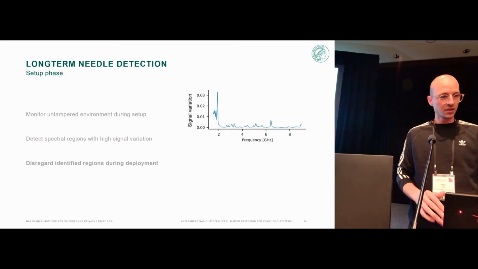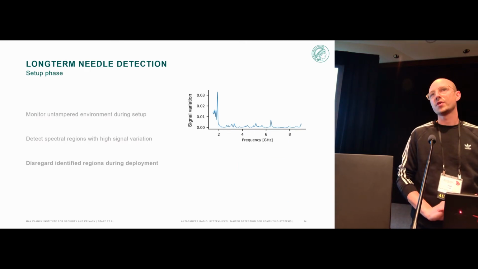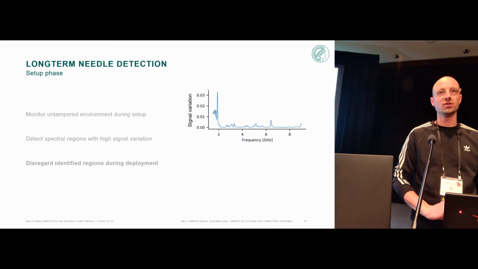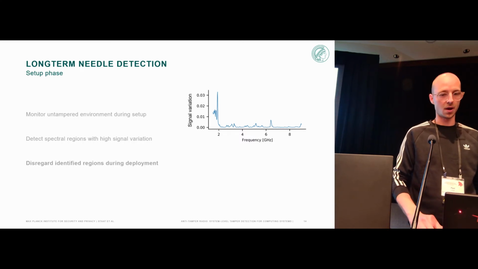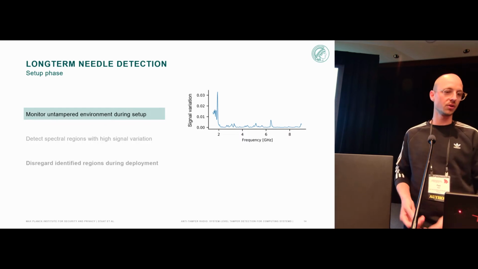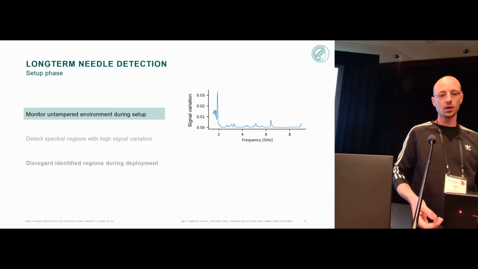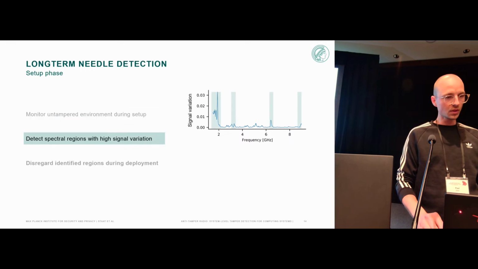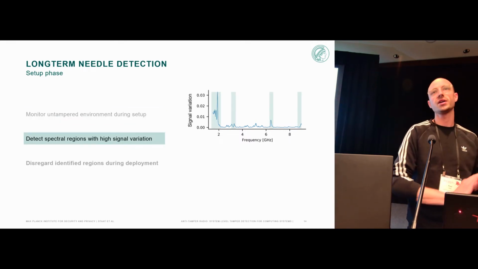To resolve this, we introduce a setup phase at the initialization of the ATR. We begin with monitoring the untampered environment during the setup, and we then detect spectral regions with high signal variations.